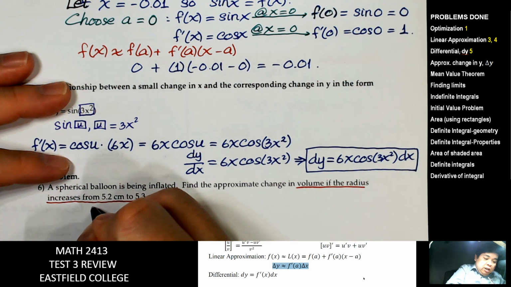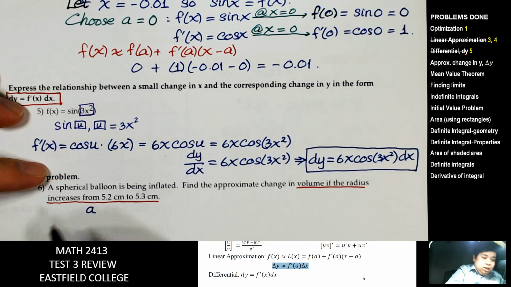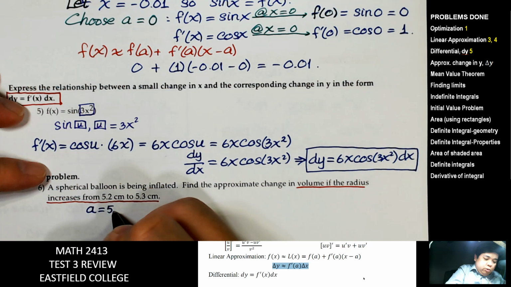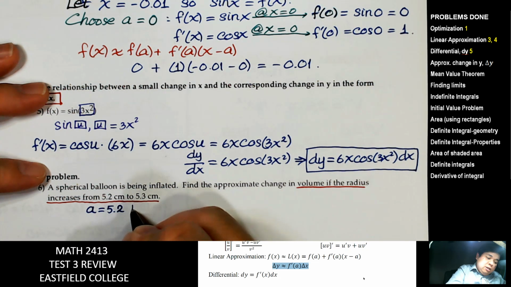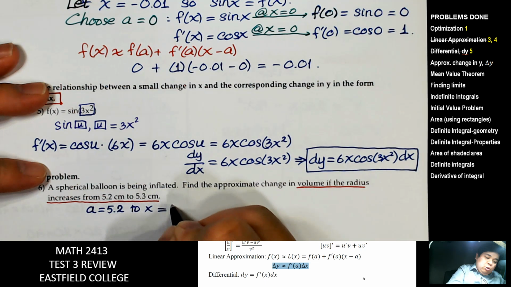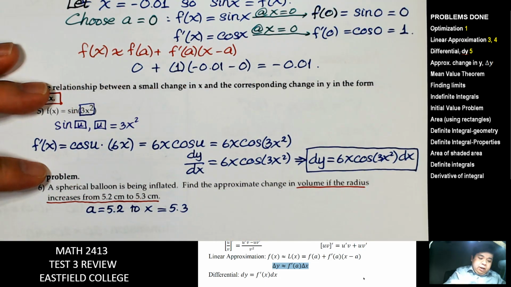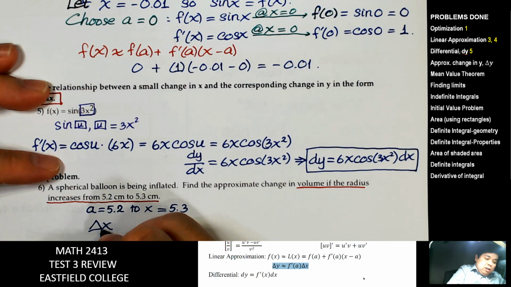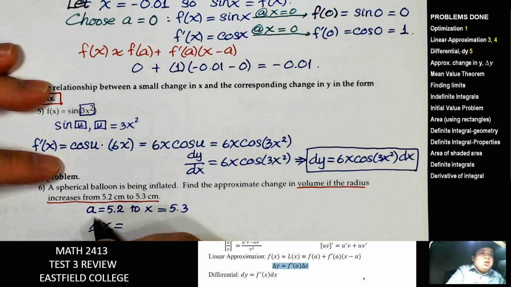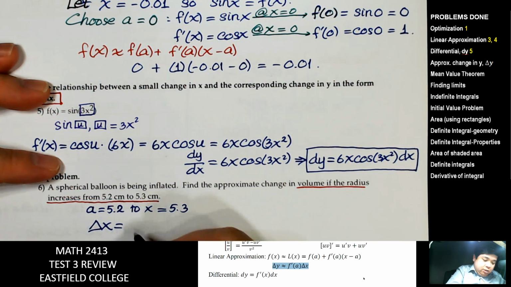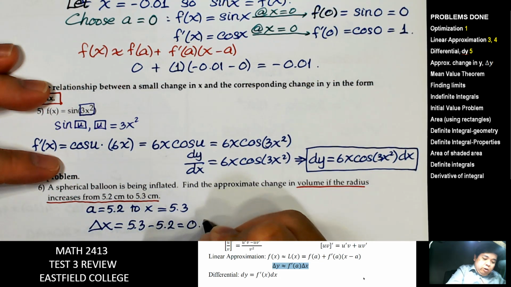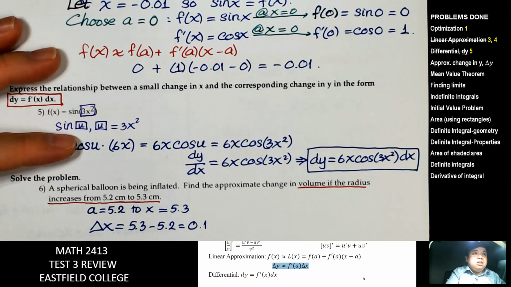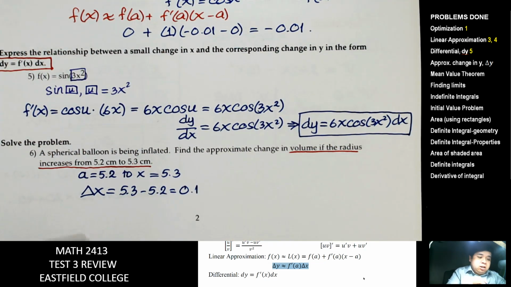So we write a is equal to 5.2, and it goes to x equal to 5.3, and so the delta x is the final minus the initial. So increase by 0.1 centimeter. So that is the delta x.